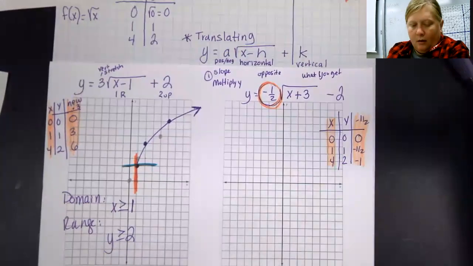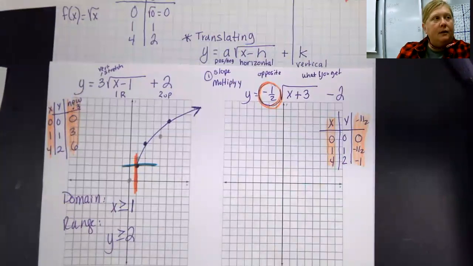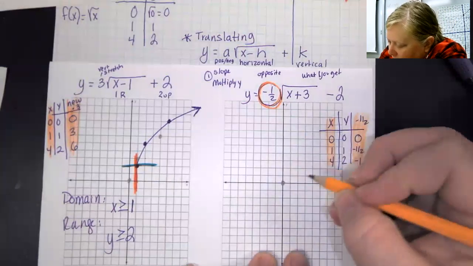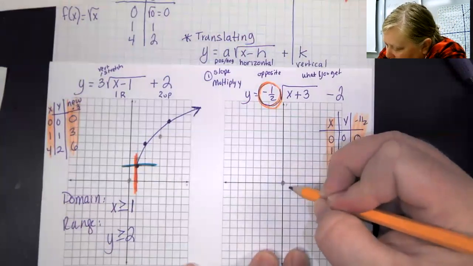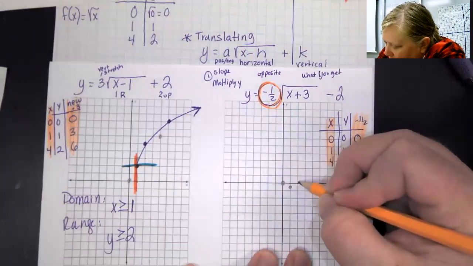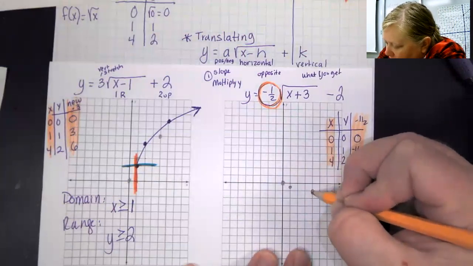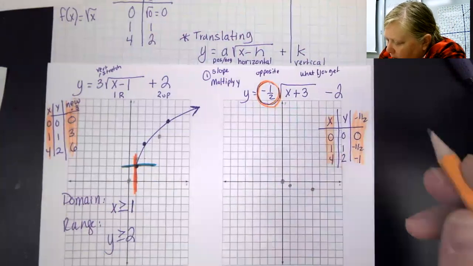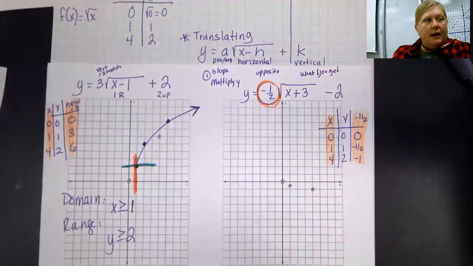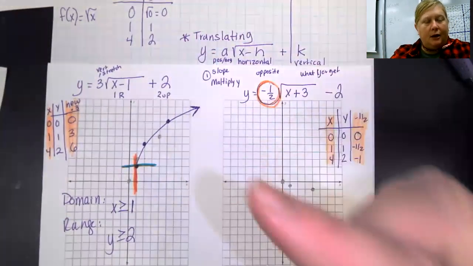I'm going to take those points and sketch them on here. 0, 0, 1, negative half, and 4, negative 1. Wow, that's really small. So now I've flipped it, and I've also made it skinnier.